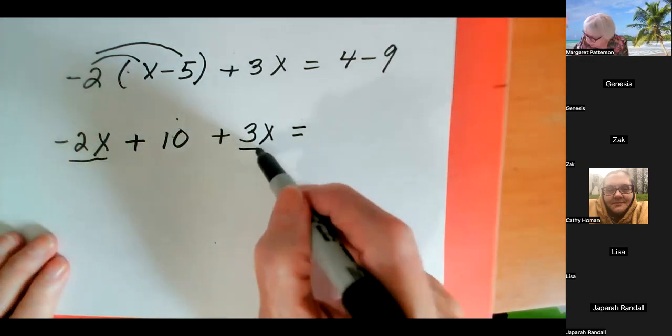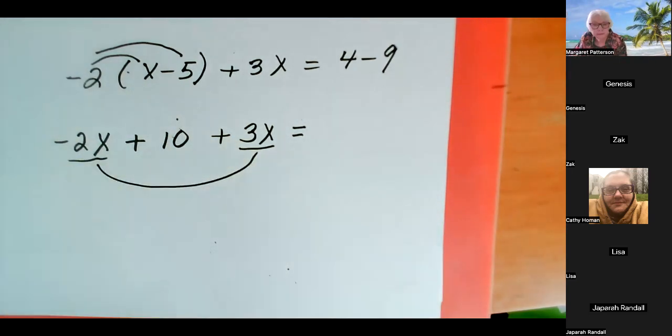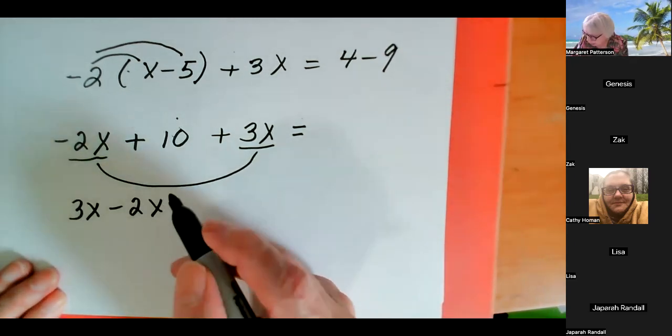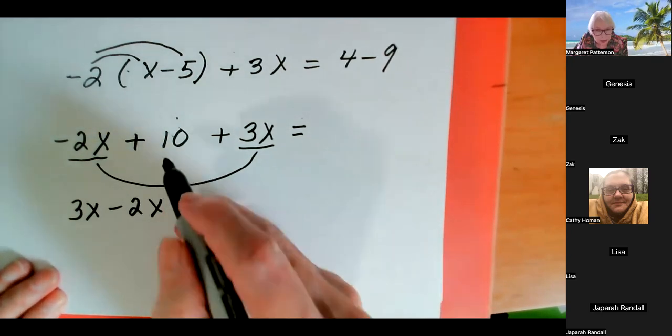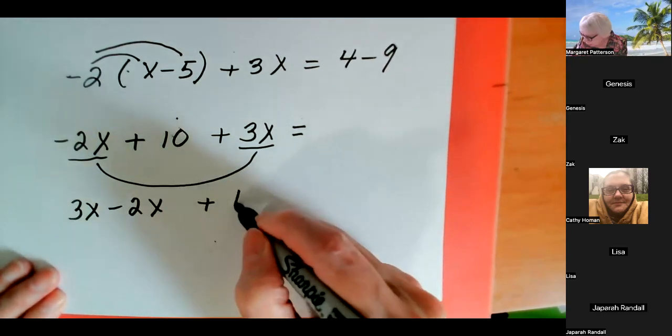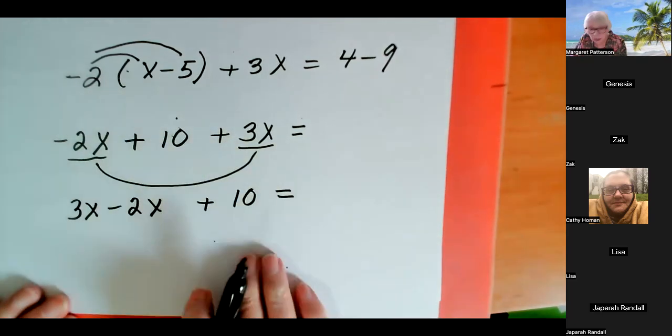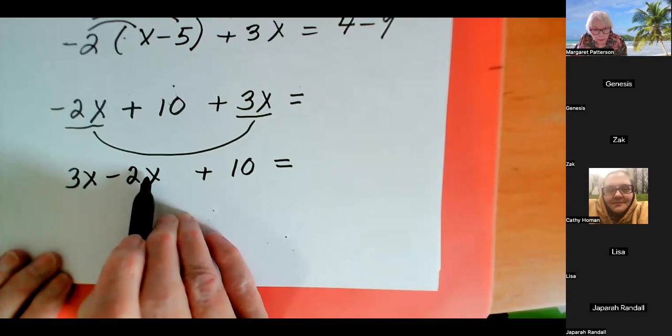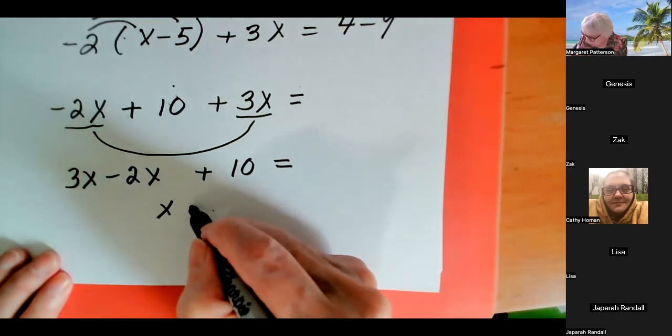This one and this one are alike. They're both x terms. And so the 3x minus the 2x can go together. And then we still have the plus 10, which I'm not going to throw away. And 3x take away 2x is 1x, and 1x plus 10.